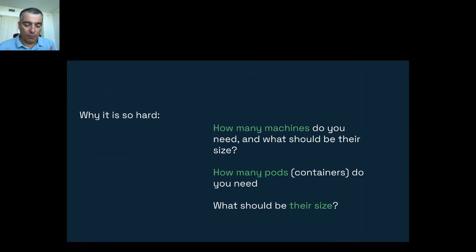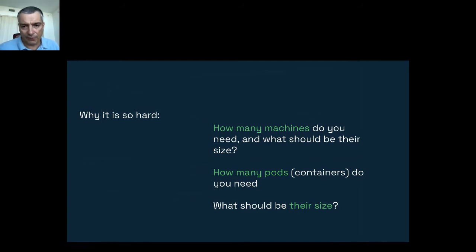You can think of why this is so hard to do manually. This is why we can understand there is so much over-provisioning, almost a 3x factor, according to Datadog. Because answering these three questions is almost impossible.